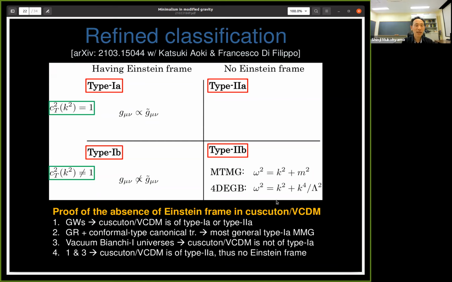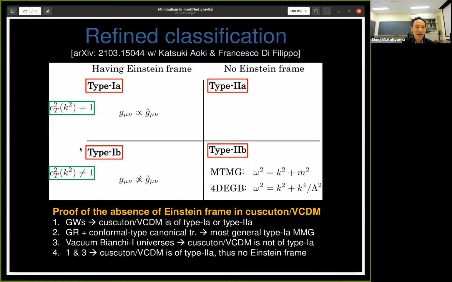For this purpose, it was very useful to define the classification. So we have type 1 and type 2, depending on whether we have an Einstein frame or not. Also, we classify type 1 into type 1A and type 1B, and type 2 into type 2A and type 2B, depending on whether the speed of gravitational waves is 1 or not.